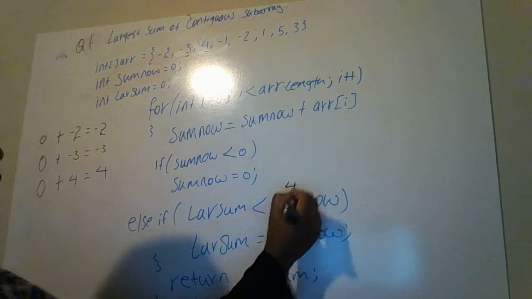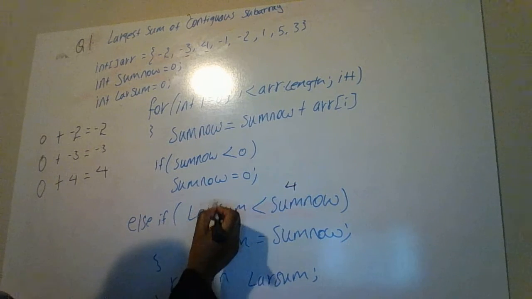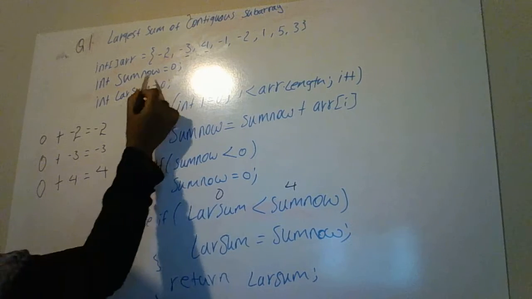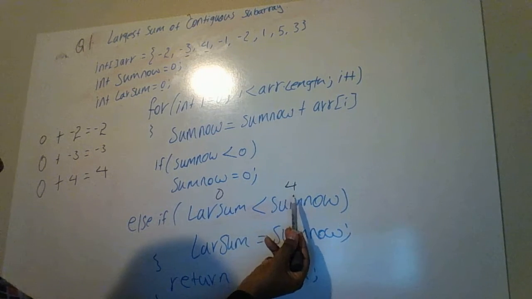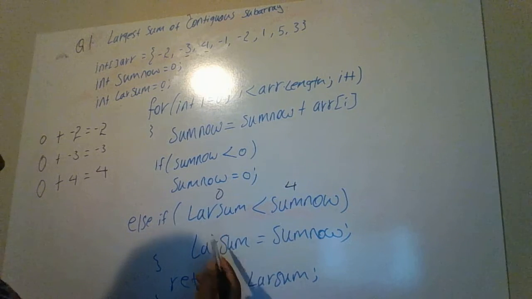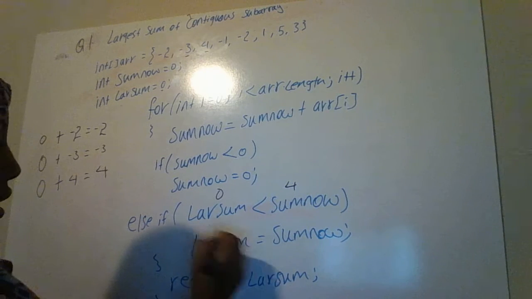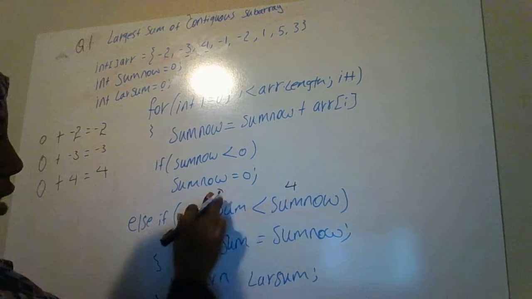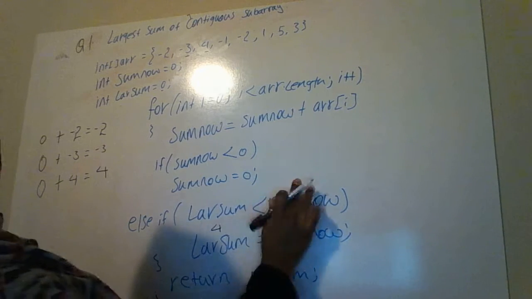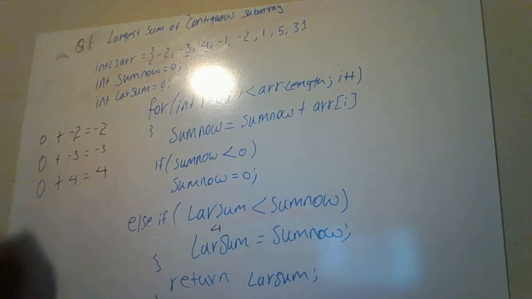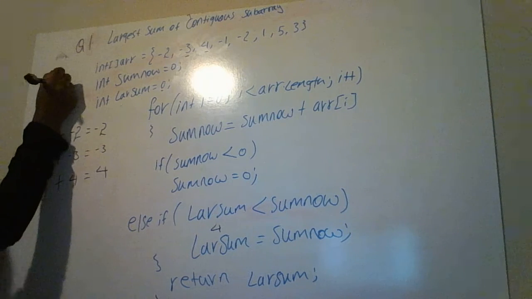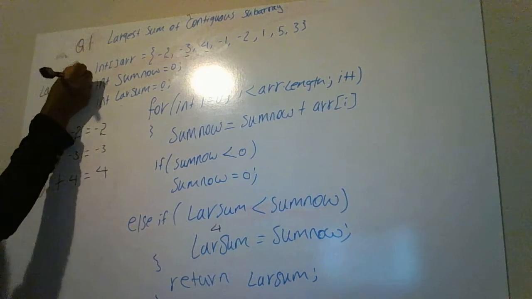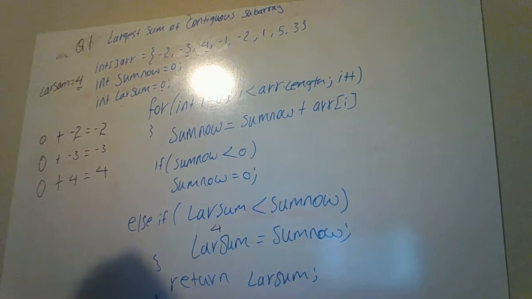Sum now is 4, and the largest sum is still 0 because we haven't used it yet. Since 4 is greater than 0, we update our largest sum to 4 instead of 0. I'm going to write it down here: largest sum equals 4 for now.